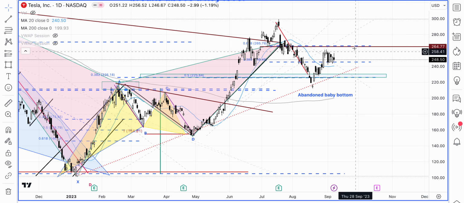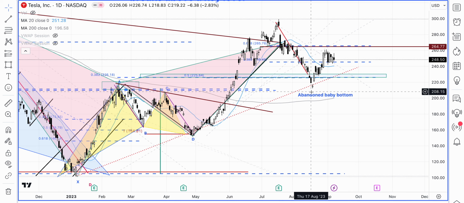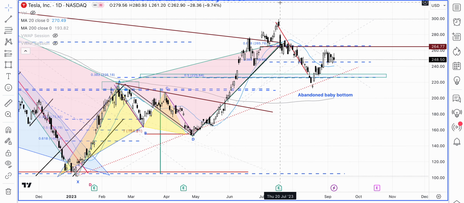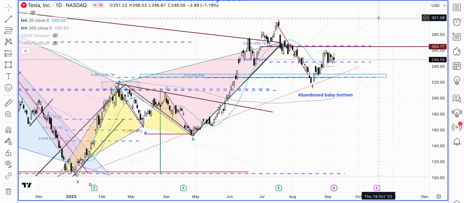However, it appears to be consolidating right here. One of the key things for the pattern we are watching is this $100, $200, and $10 per share level, where I have written abandoned baby bottom pattern, because the way we are looking at it is the possibility that it could be another A, B, C, D pattern to the upside.